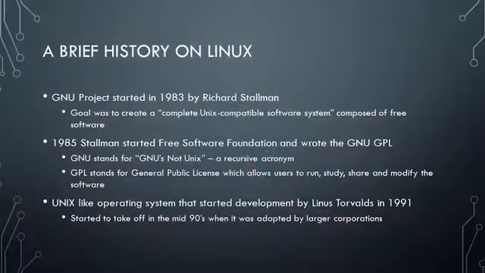In 1985, he founded the Free Software Foundation, which is still run today. He wrote the GNU GPL, which stands for General Public License. GNU is a recursive acronym that stands for GNU is not Unix.